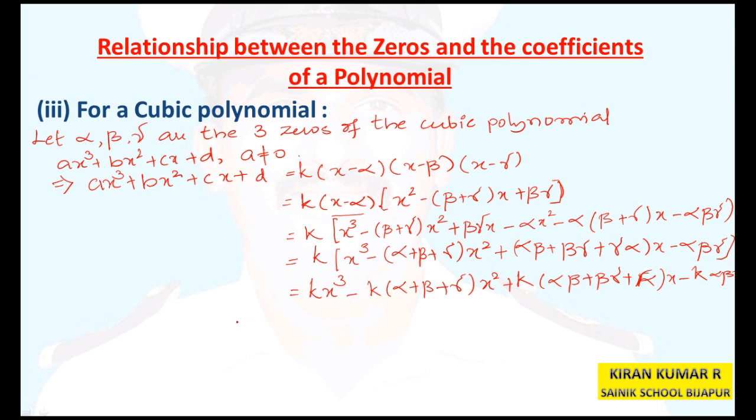Compare the coefficients of x cube, x square, x and the constant term, both the left hand side as well as the right hand side. We get a value as k, b value as minus k times alpha plus beta plus gamma, c value as k times alpha beta plus beta gamma plus gamma alpha, and the d value as minus k times alpha beta gamma.